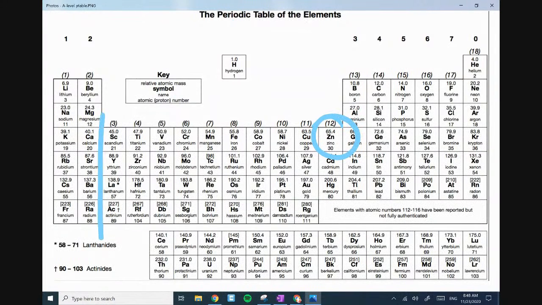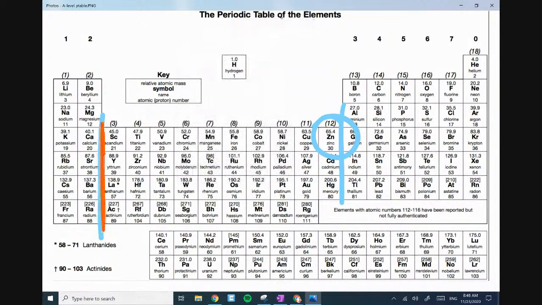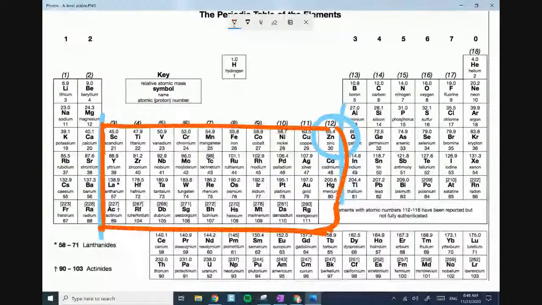This section here is the D block elements. Definition of D block: an element whose outermost electrons are in the D subshell. However, there is a different definition for a transition metal: an element whose atom or ion has an incomplete D subshell, and zinc does not qualify.